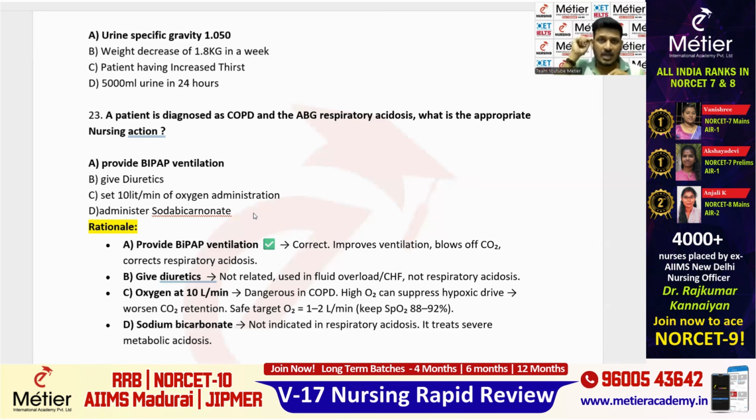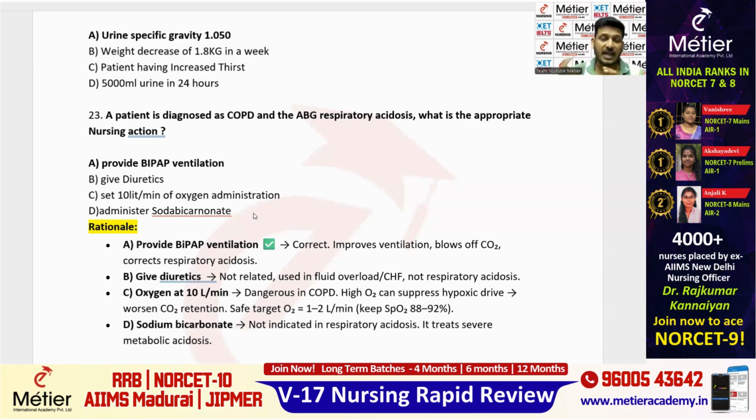At that time, there is a secondary drive. The primary drive is the central chemoreceptor in the medulla oblongata. That is the one maintaining the respiration. That is called the hypercapnic drive. In a COPD patient, the hypercapnic drive will not work. So one more secondary drive is there. That is called what? The hypoxic drive. What is that?